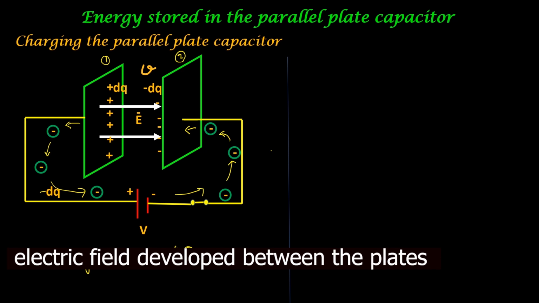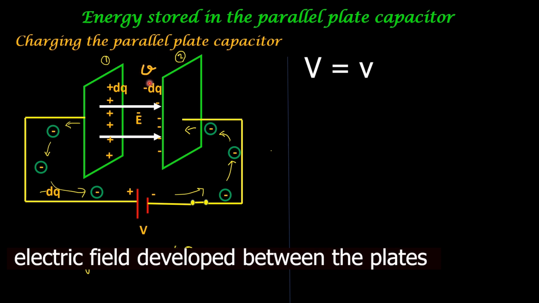As the charging proceeds, charges get accumulated bit by bit, that is by several dqs, and each time the potential difference between the two plates increases, the electric field between the two plates also increases. At the same time, the electrical energy of the battery is getting used up, its potential is decreasing, and at a certain point the potential of the battery becomes equal to the potential difference between the two plates.